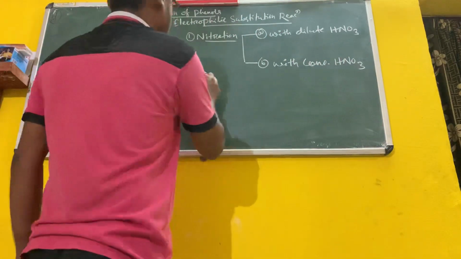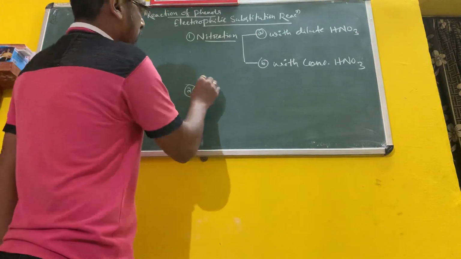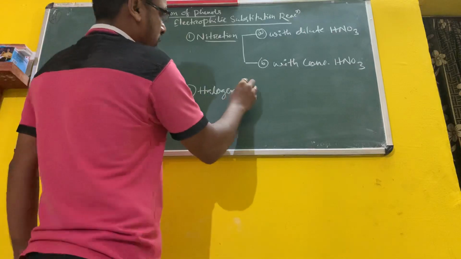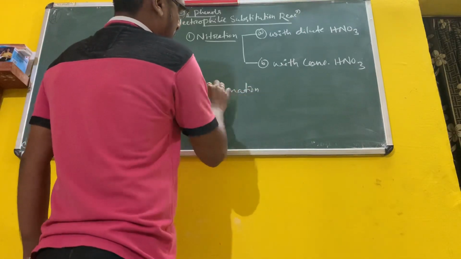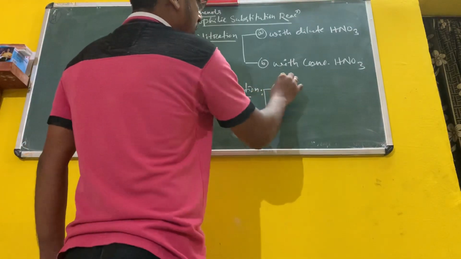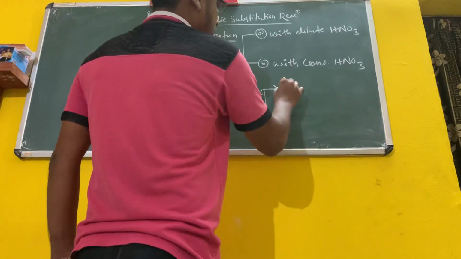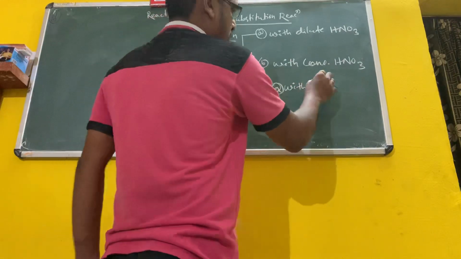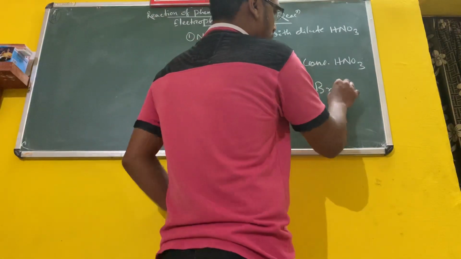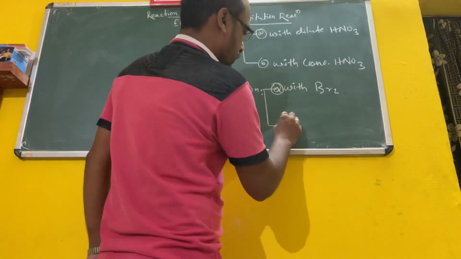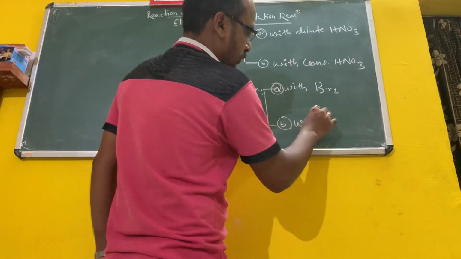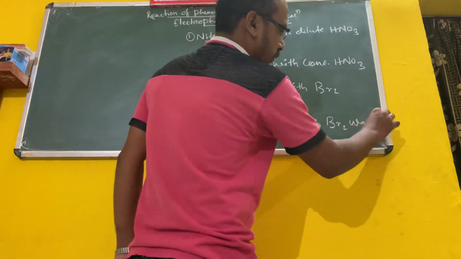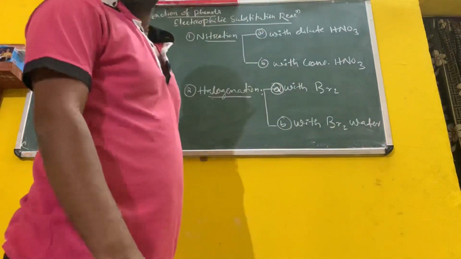Then the second one is halogenation. Halogenation is also of two types: first with Br2, and second with Br2 water, that is, with bromine and bromine water.